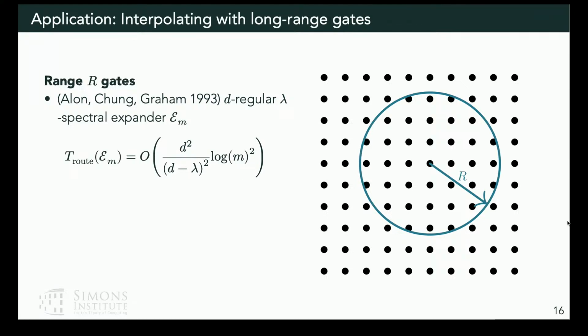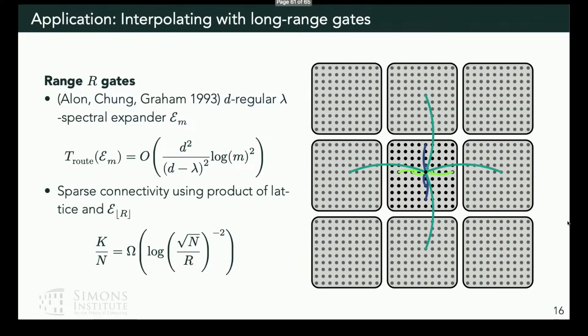And we know how to route on spectral expanders by using a result from Leighton, Chung and Graham. The idea is roughly that you take a random walk on the expander, and this gives a routing. So this gives us a log routing.